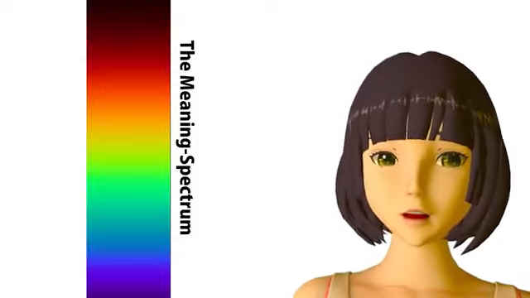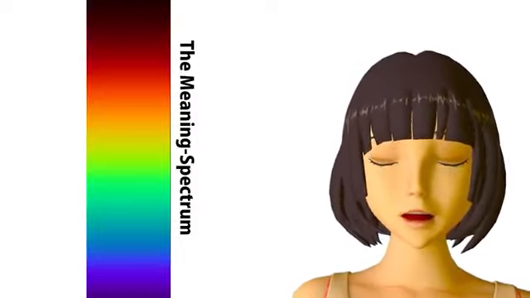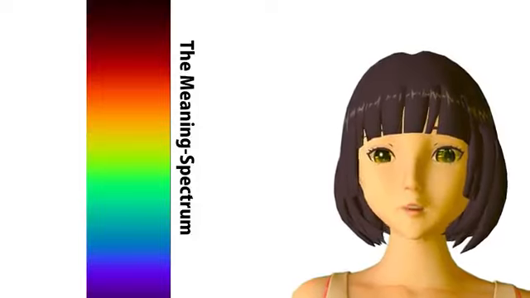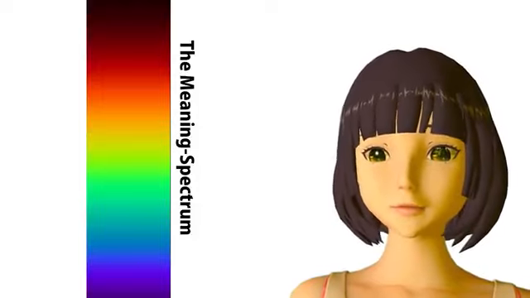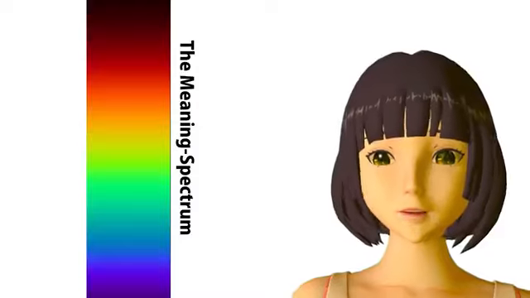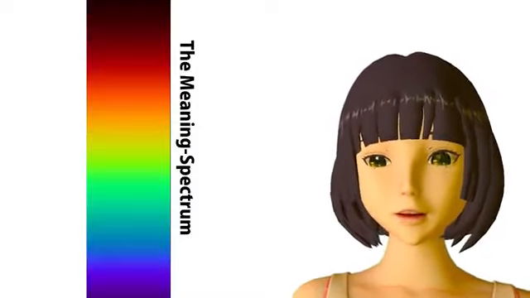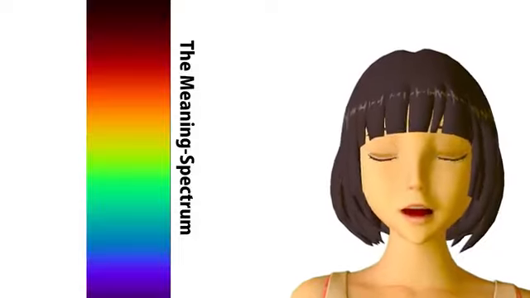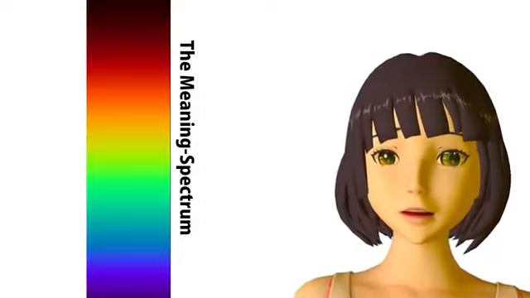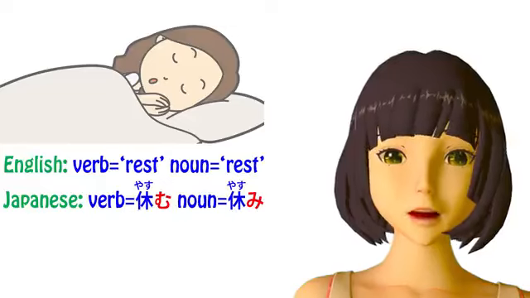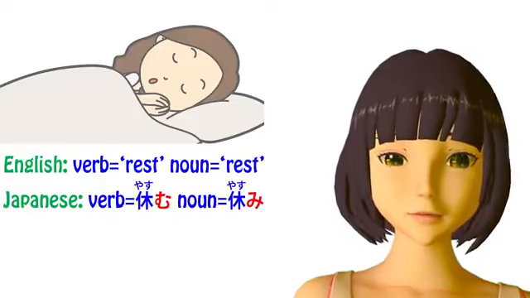So the word yasumi can mean rest, literally as in lying down, taking a rest. It can mean being off school or off work because you're sick. It can mean a vacation, like natsu yasumi. But the point is that the verb form is yasumu, the noun form is yasumi.